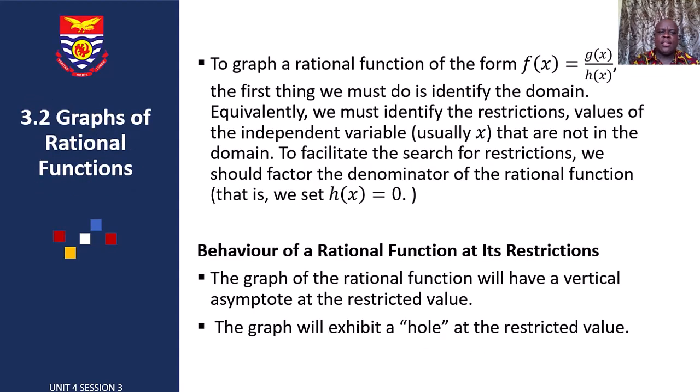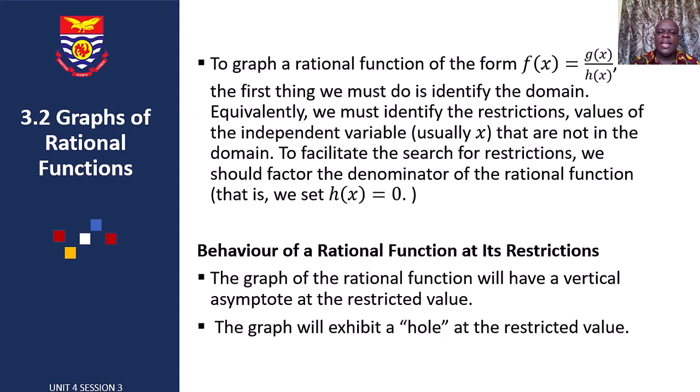Let's look at graphs of rational functions. To graph a rational function of the form f of x is equal to g of x over h of x, we are going to do two things. We will first identify the domain and also look for the restrictions. The domain will be made up of the values of x, but the restrictions are going to be given to us by where the graph will not exist.